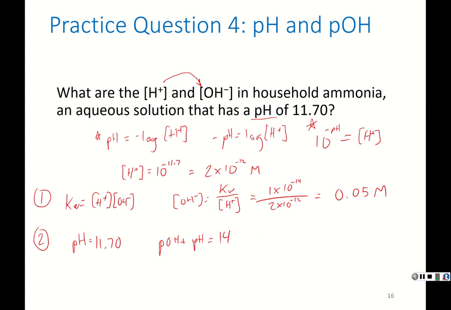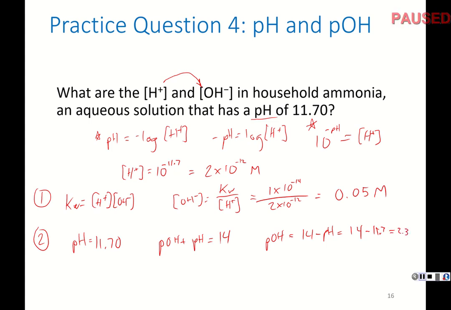So now we can rearrange this. pOH would be 14 minus pH. So that's 14 minus 11.7, which would be 2.3.